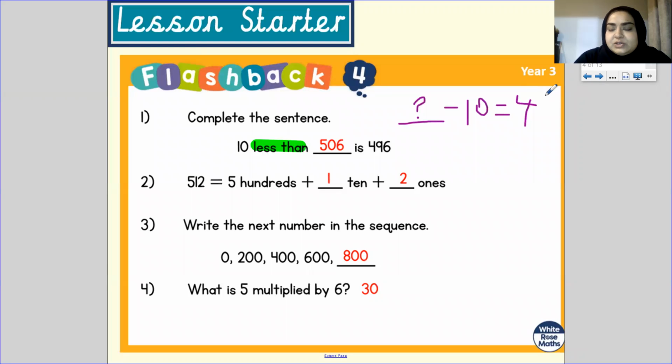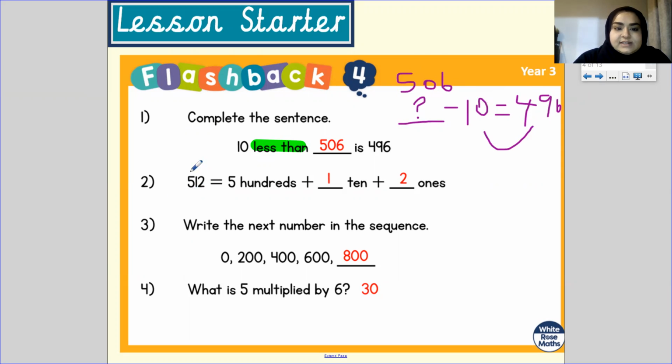So the best way to work this out is by doing the inverse. So you would do 496 add 10, which gives you 506. Okay, so well done if you got that right.